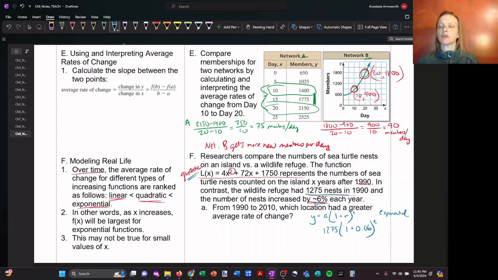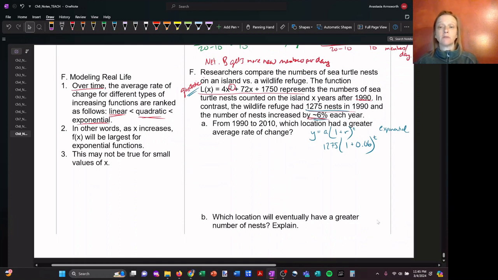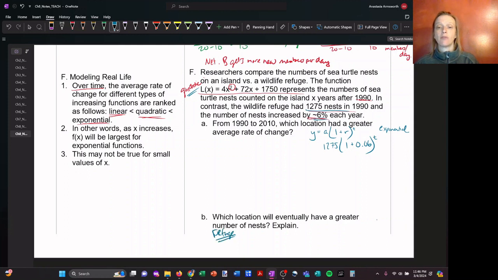Given that I have an exponential function here, but a quadratic function over here, if I wait long enough, the wildlife refuge, the exponential function, will have the larger growth rate. So the refuge will have the greater number of nests because it is an exponential function.